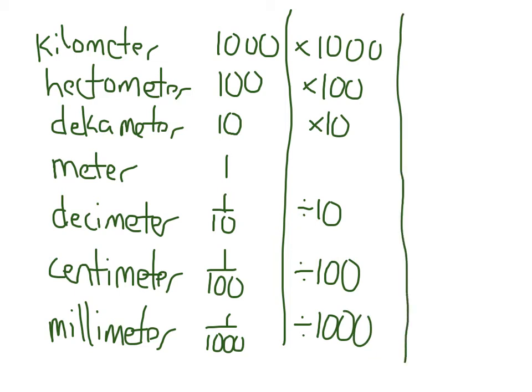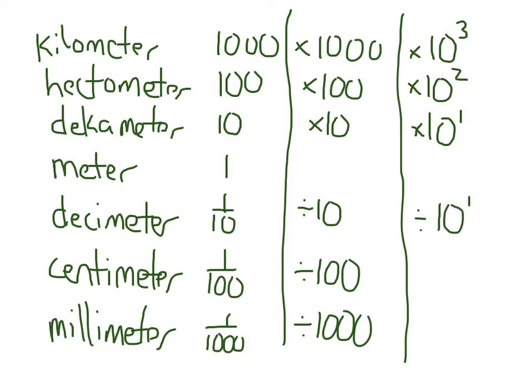Or this is going to be times 10 to the first power, times 10 to the second power, times 10 to the third power. Down here, divided by 10 to the first power, divided by 10 to the second power, and divided by 10 to the third power. So you can see how the metric system is really closely related to everything we've been doing.